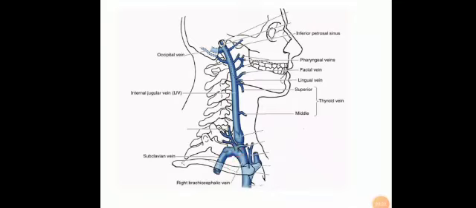As you know, the right and left brachiocephalic veins join each other to form the superior vena cava. The tributaries of the internal jugular vein include the inferior petrosal sinuses, pharyngeal vein, facial vein, lingual vein, and superior and middle thyroid veins.